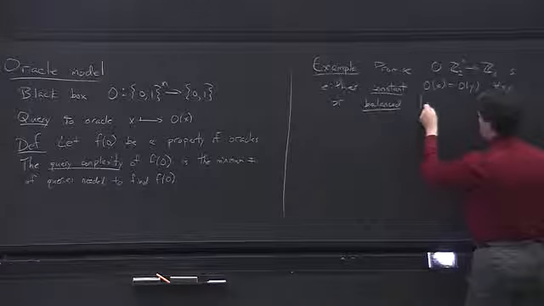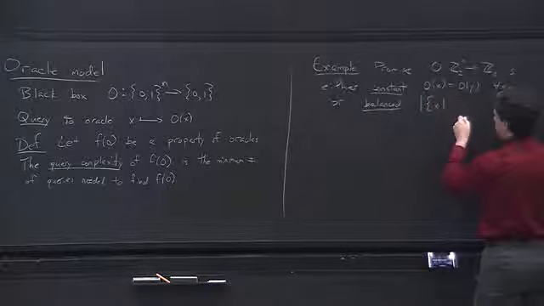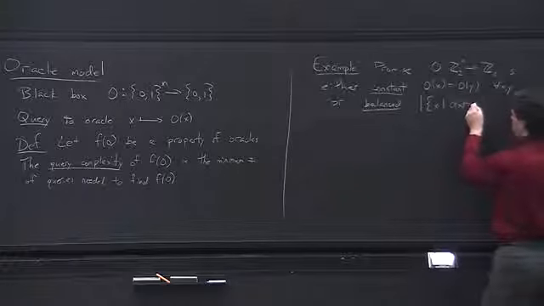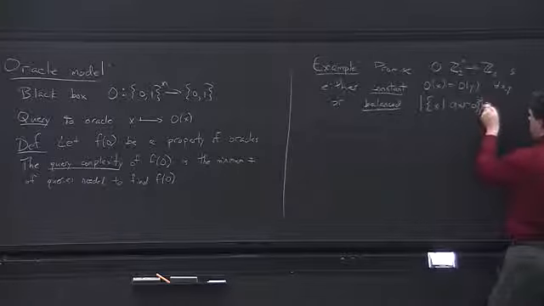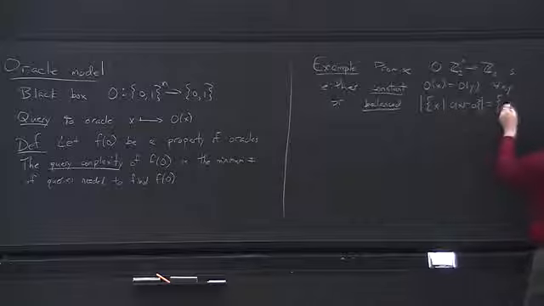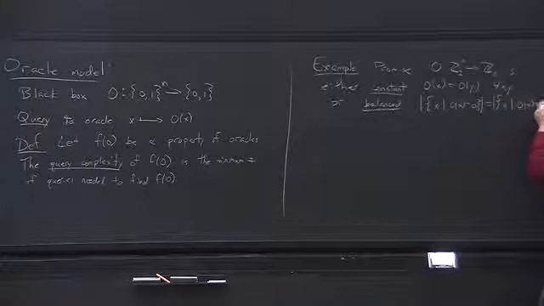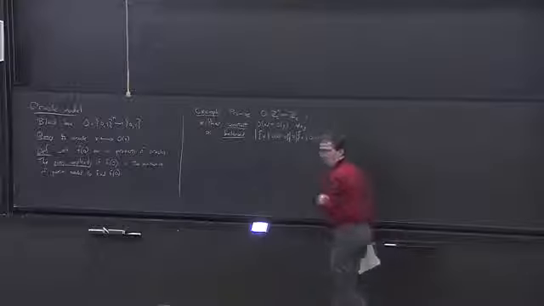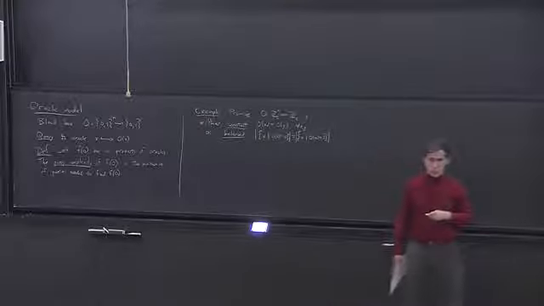So if we look at the set of x such that O of x equals 0, that's the same size as the set of x such that O of x equals 1. Okay?